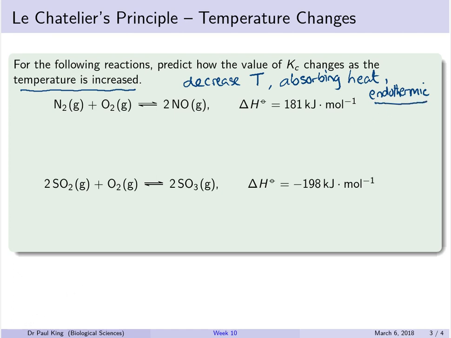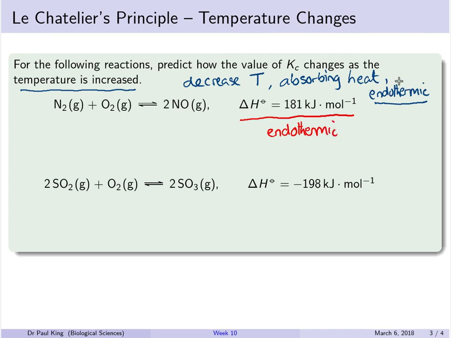Okay. Now if we look at this first example here, you can see that we've got N2 reacting with O2 to produce 2NO in the gas phase, and the enthalpy change for this process is 181 kilojoules per mole, which is of course endothermic because it's a positive number.